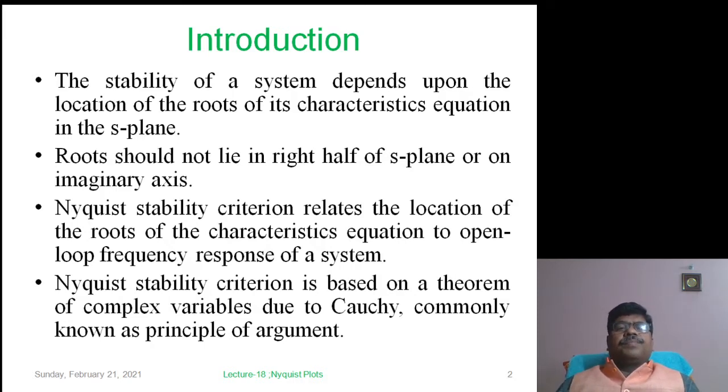Here, the Nyquist stability criterion relates the location of the roots of the characteristic equation with the open loop frequency response, and this criterion is based on the principle of argument.